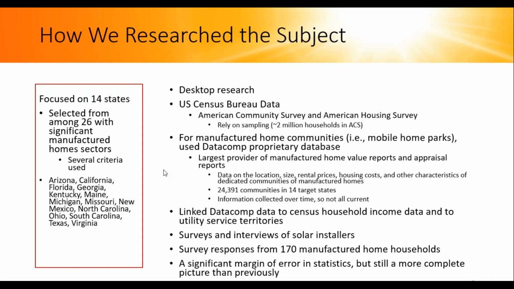In other words, if we say in X state, 42% of the communities have age restrictions, i.e. they're only open to households older than 55, it might not be 42%. It might be 40% or 44%, but it's not going to be 90%, and it's not going to be 10%. So what did we learn?